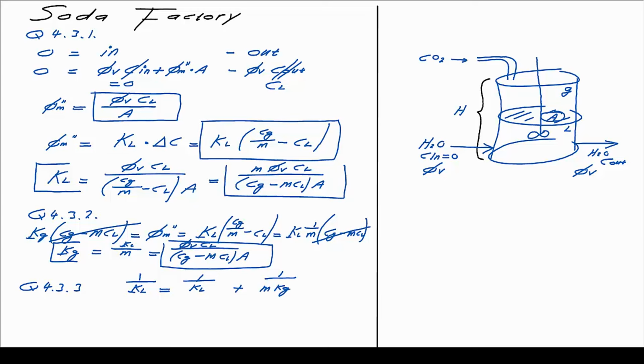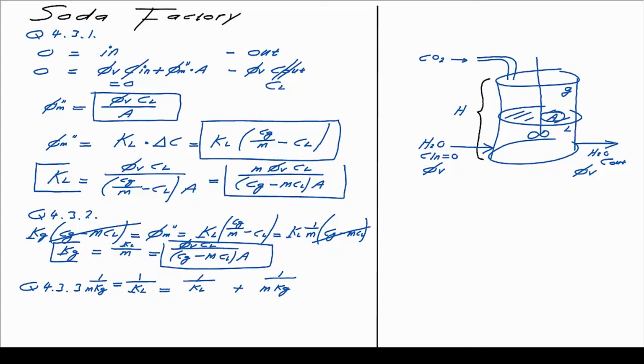Now, this is the overall mass transfer coefficient as seen from the liquid. So this is also the total resistance and the partial resistances as seen from the liquid phase. From the previous question, we know that capital KL is equal to m times capital Kg.